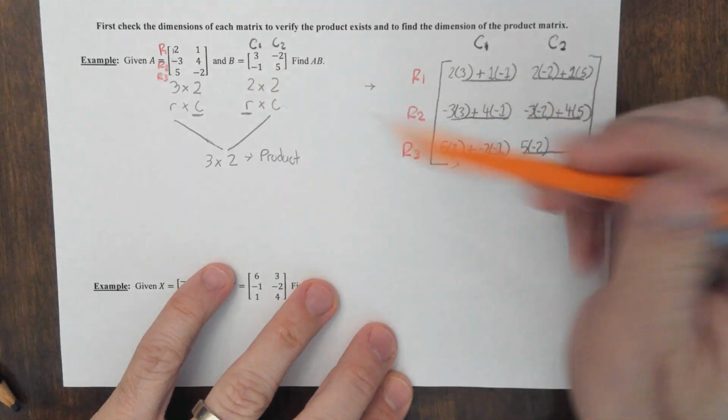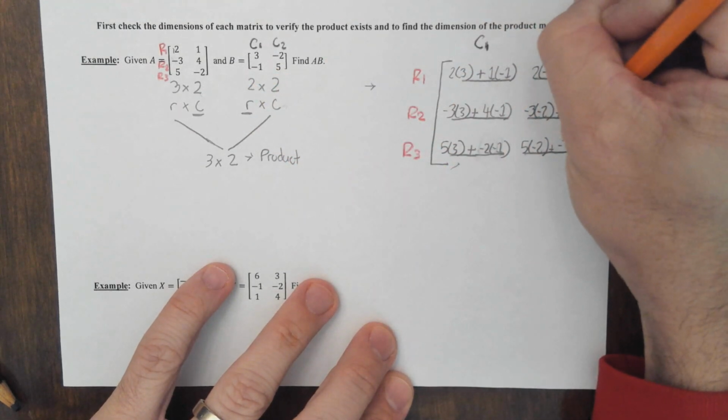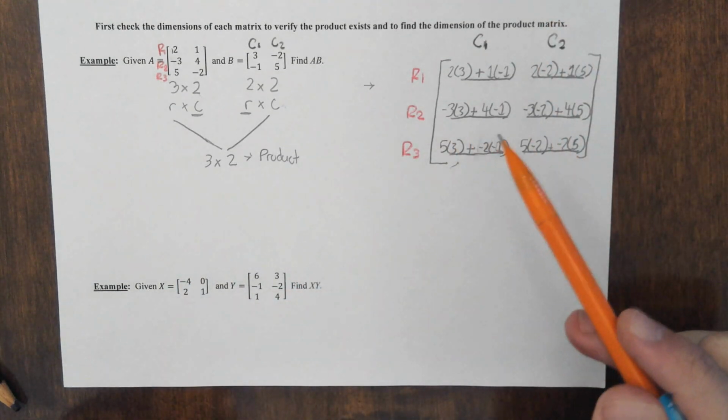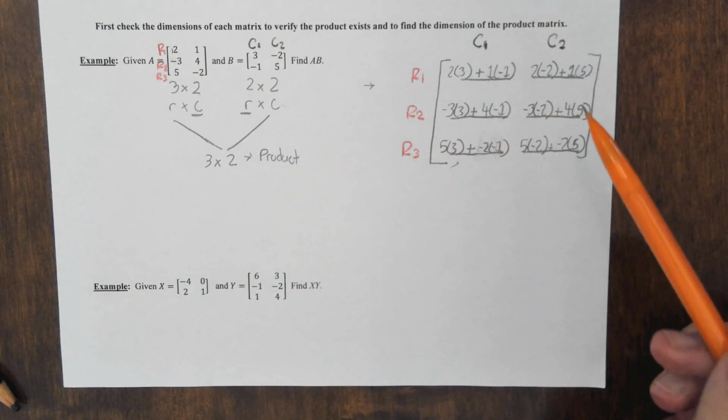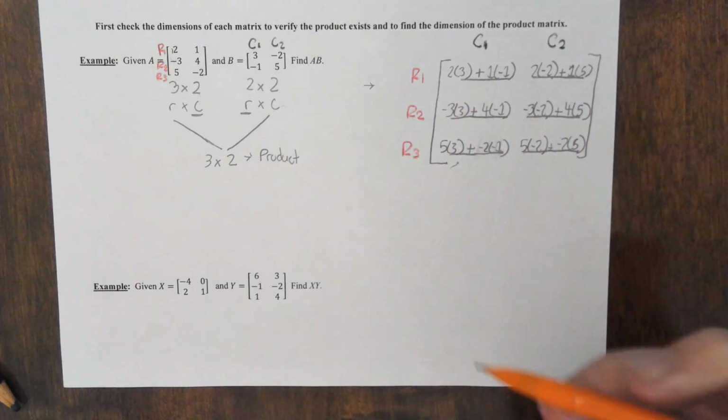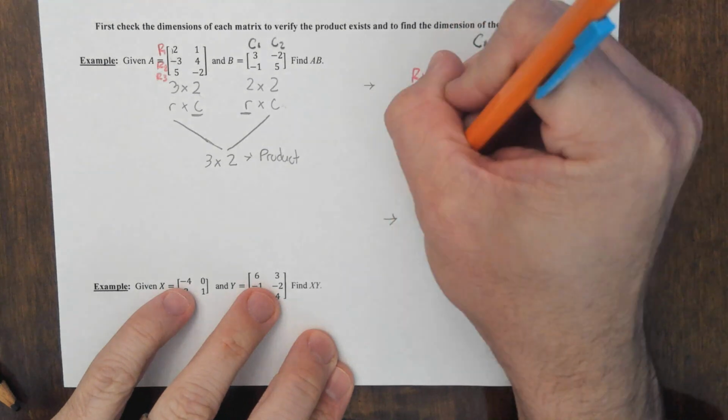So negative 2 plus negative 2 times 5. Now that you've done that, that's the hard part. Now we just go ahead and simplify and we have our solution.